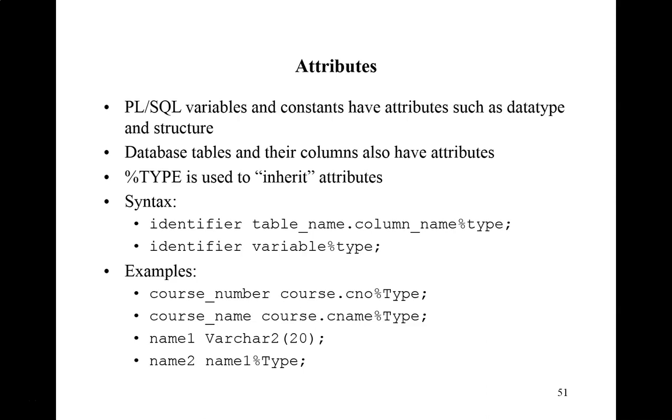This is really nice when we have to do maintenance of code, because if we change the attributes in the database, the code simply needs to be recompiled and it will pick up these changes. There's no need to modify an actual instruction and say, oh, we changed this from size 20 to size 25, and we have to change the 20 to 25 within the code. So it's a pretty nice feature to be aware of.